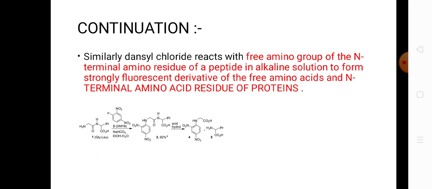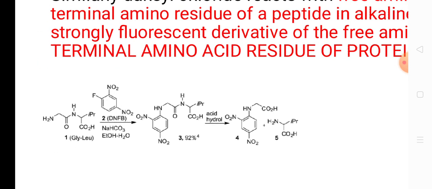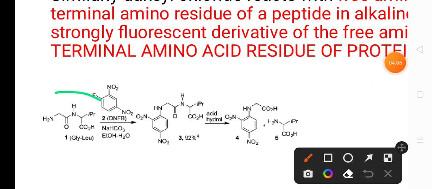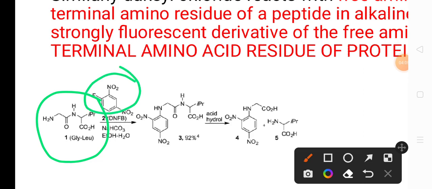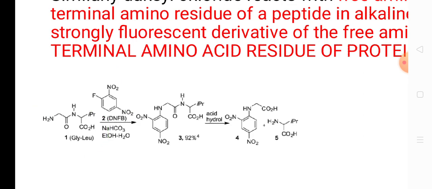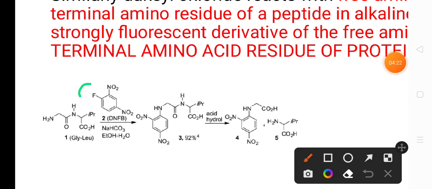So if you see this picture, this is a dipeptide of glycine and leucine. FDNB is going to react with this free NH2 at the N terminal of the peptide, and there will be removal of HF, as you can see. This F is going to take one hydrogen from here and liberate it in the form of HF, and a bond will be formed.